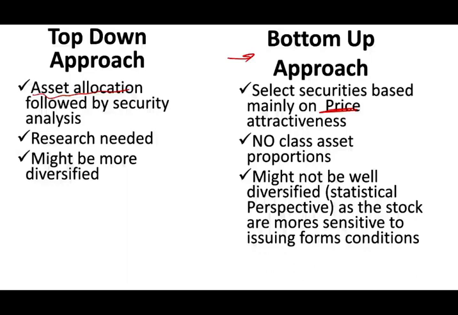And generally speaking, when an industry is doing well, it's not going to rely on one single company. It's going to rely on many companies. And if you keep on selecting those securities based on price attractiveness, you might be concentrated in one specific industry without knowing. Why? Because they're all attractive stocks. So that's the concern. So just make sure you know the difference between top-down approach versus bottom-up approach.